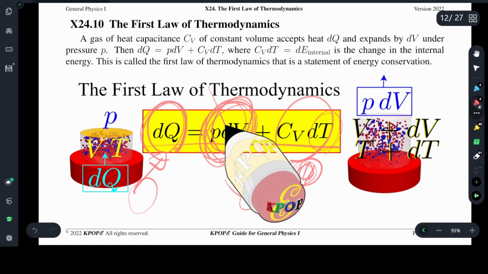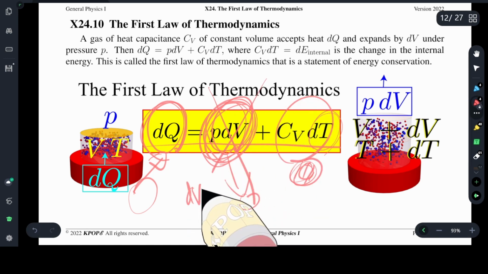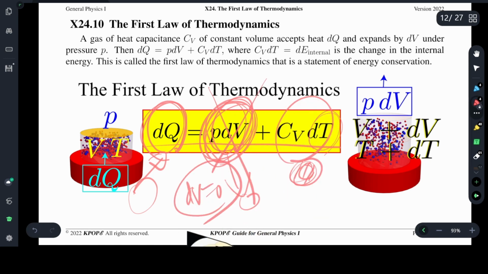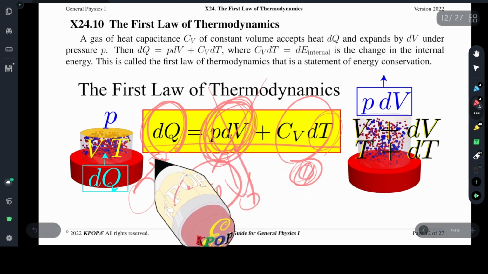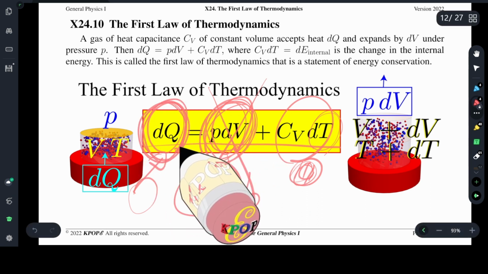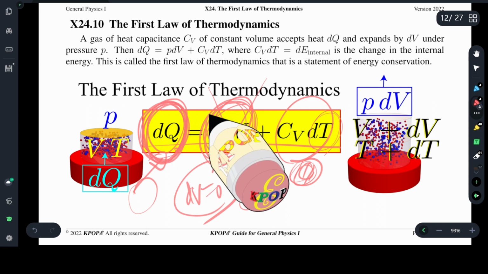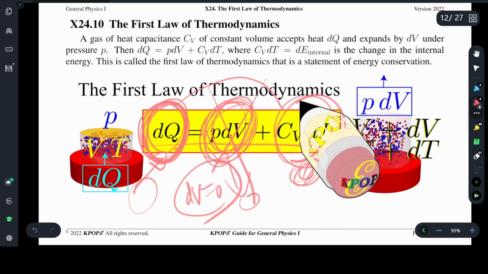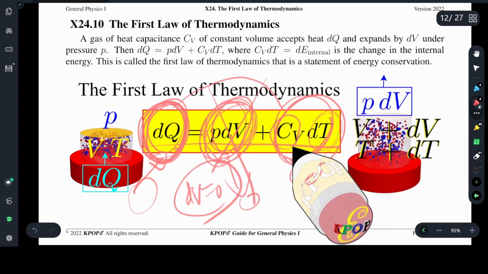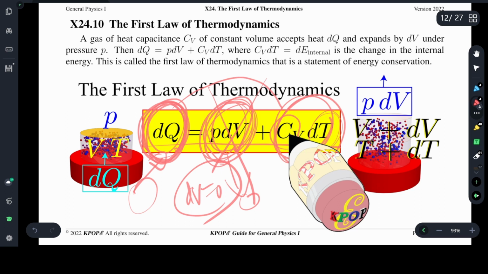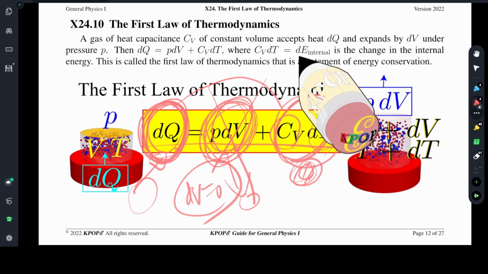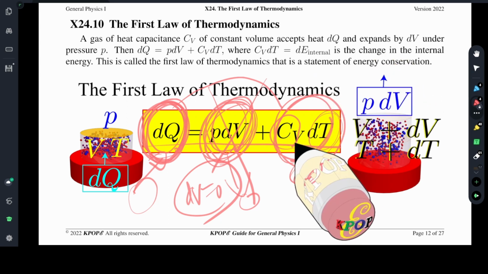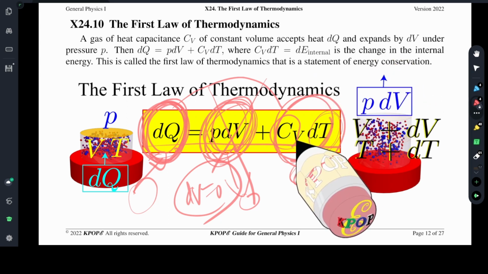If we keep the volume constant, dV equals 0, in that case, heat transfer to the system is solely used to increase the temperature, and its coefficient is now the heat capacity of the system with a constant volume.